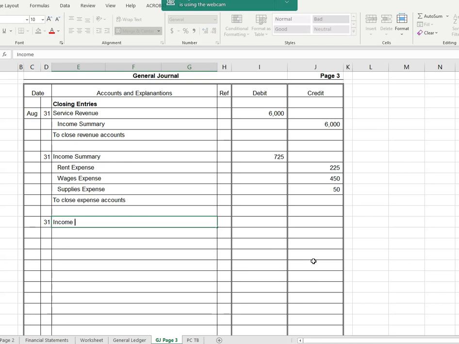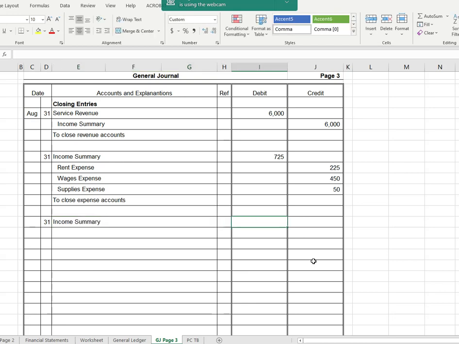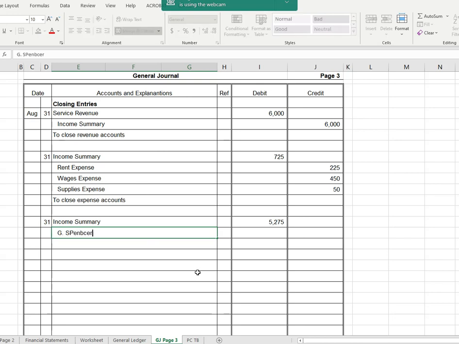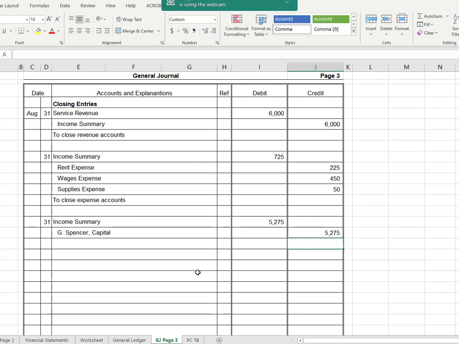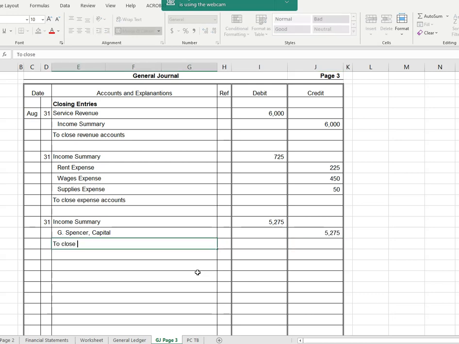So I'm going to do income summary, and I'm going to debit it for $5,275, and I am going to credit G. Spencer Capital, and that's where I'm going to credit $5,275, and my explanation is to close income to capital.